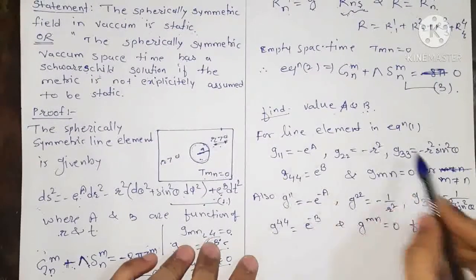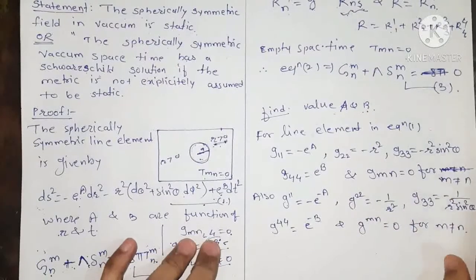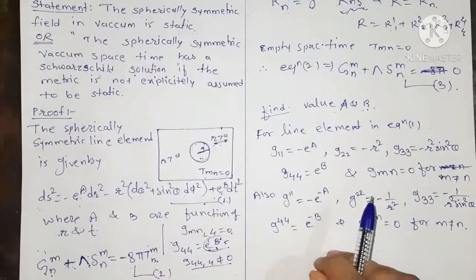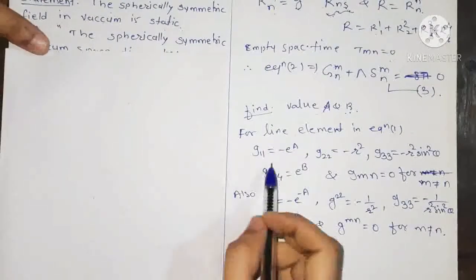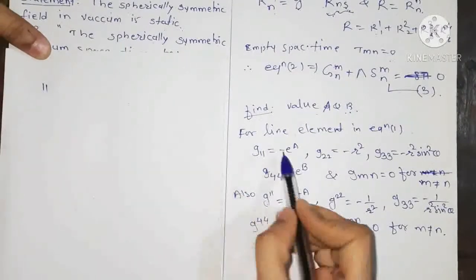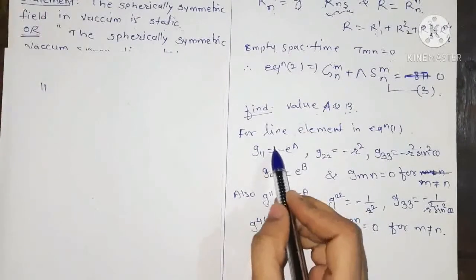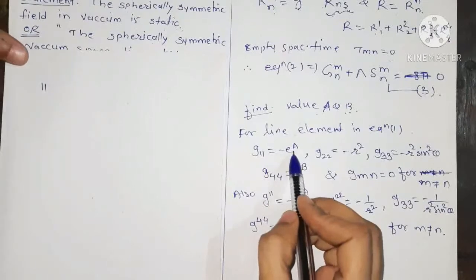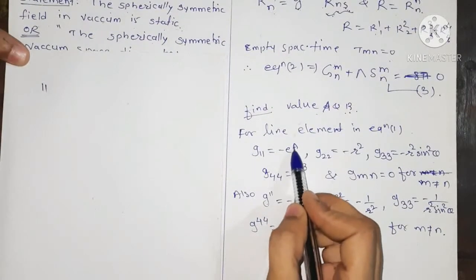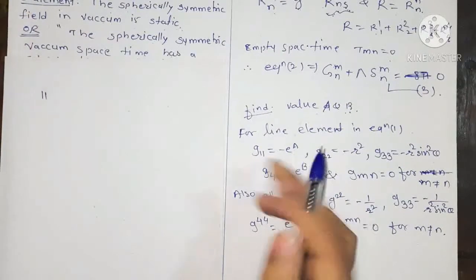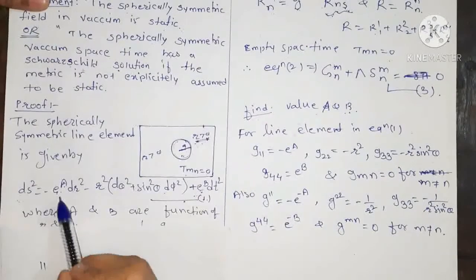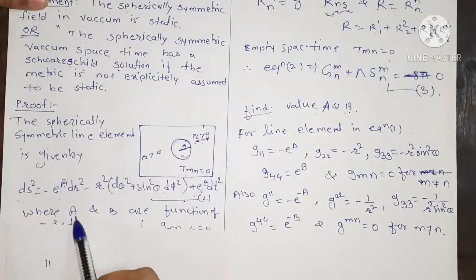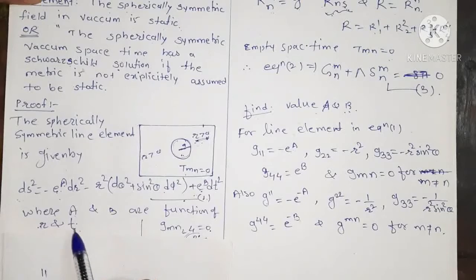Now from this we can find the non-vanishing Christoffel symbols. For these, we say that a is a function of r and t. That is, we have assumed in our line element that a and b are functions of r and t.